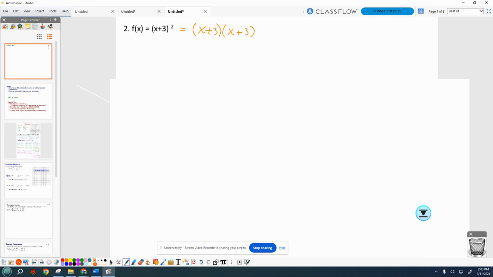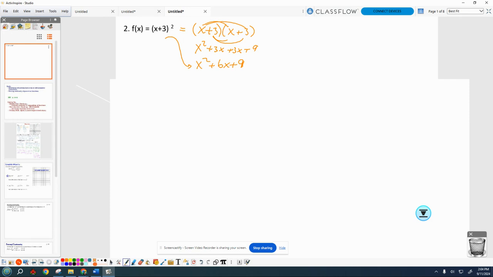Oh no, x squared plus 9x. Or plus 3x. So it is super, super common to try and expand that in your head and get x squared plus 9, which is wrong. And if you're not comfortable with it, write it out.